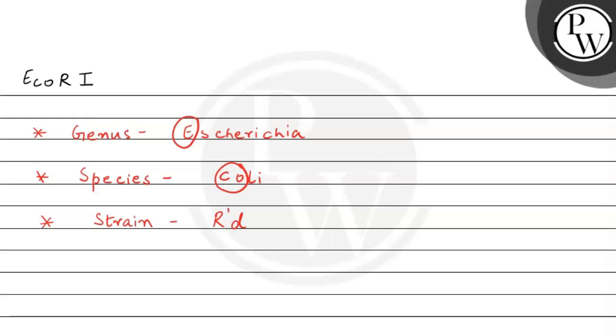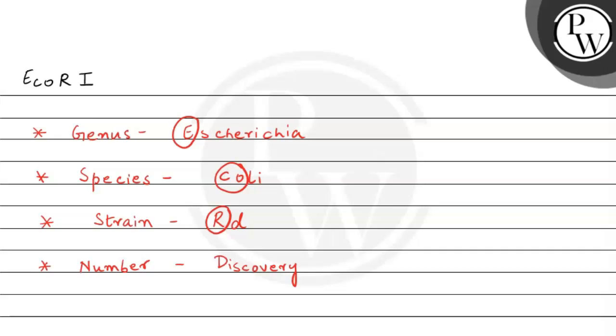So that is why its first letter comes here, R, and the last number assigned to this enzyme is the order of discovery. So which enzyme was discovered first?